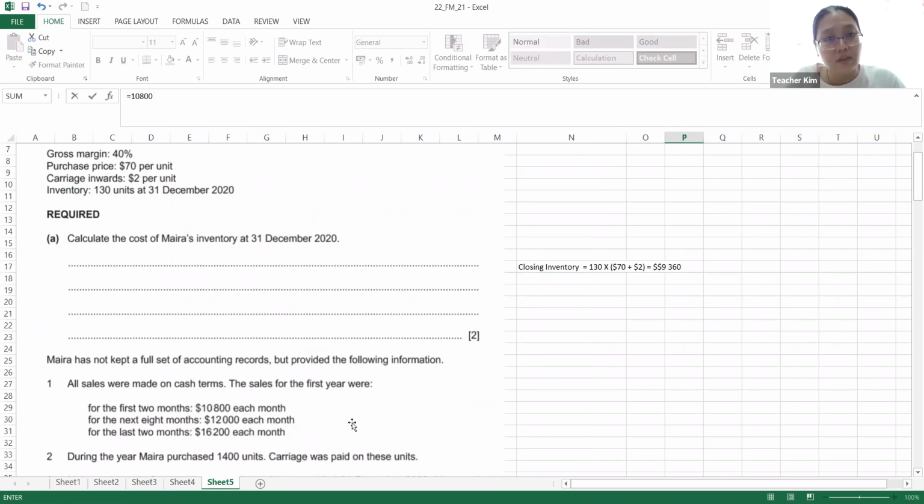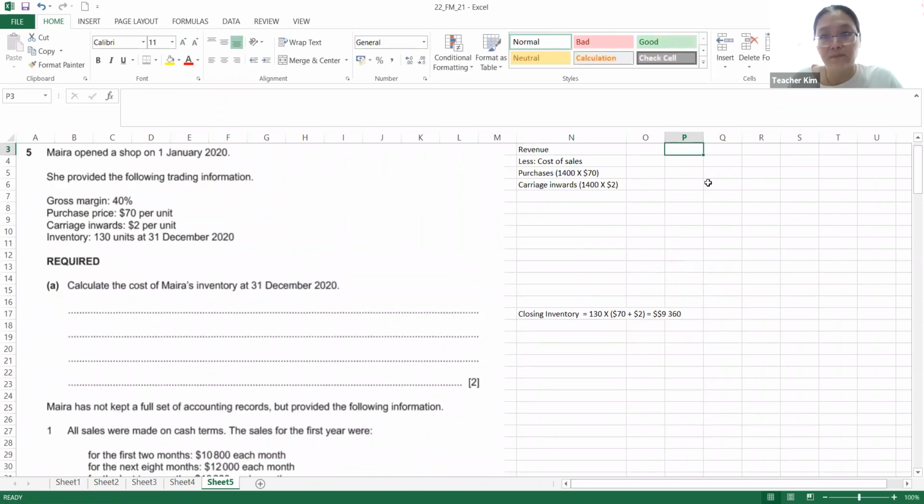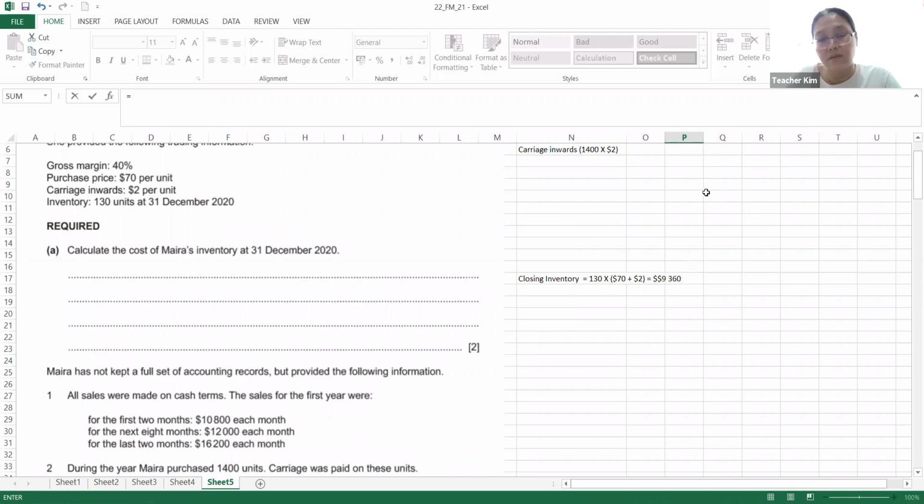I have to take 10,800 because each month, for the first 2 months, that means times 2.